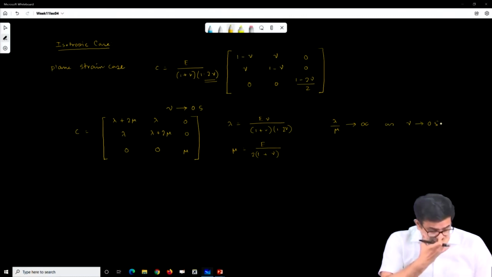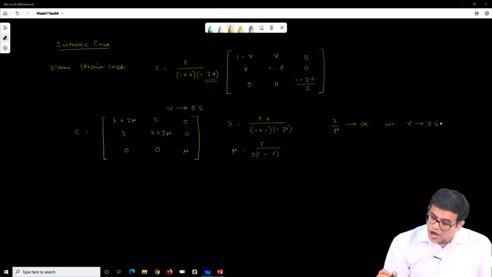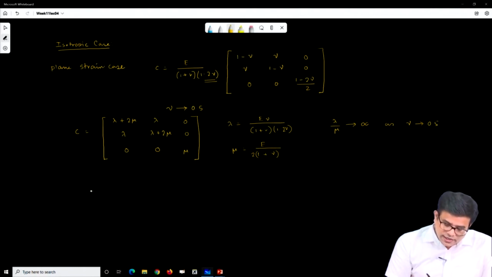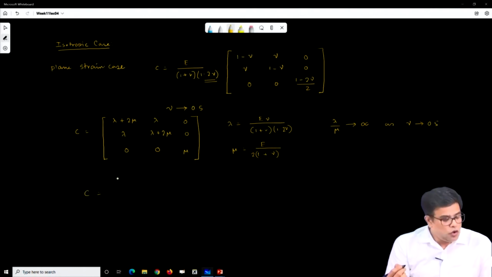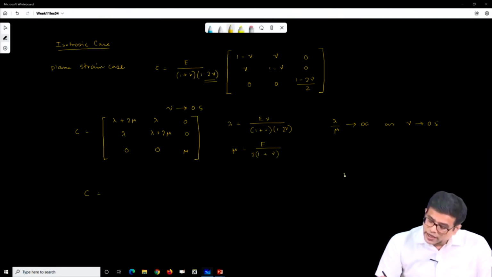Another way to write this constitutive equation is in terms of bulk modulus. We know what a bulk modulus is.